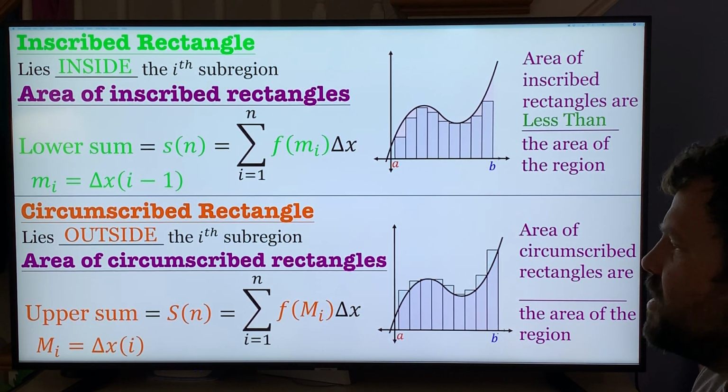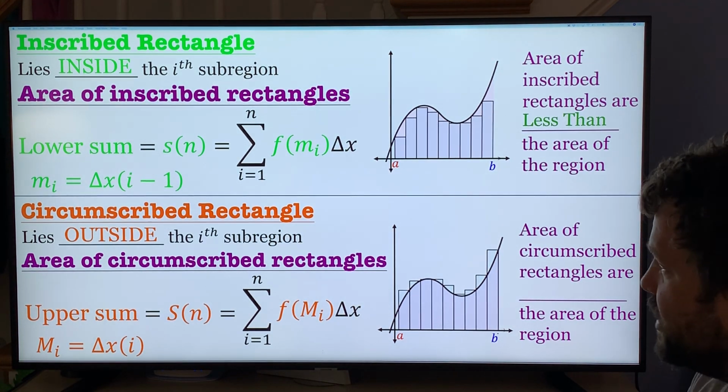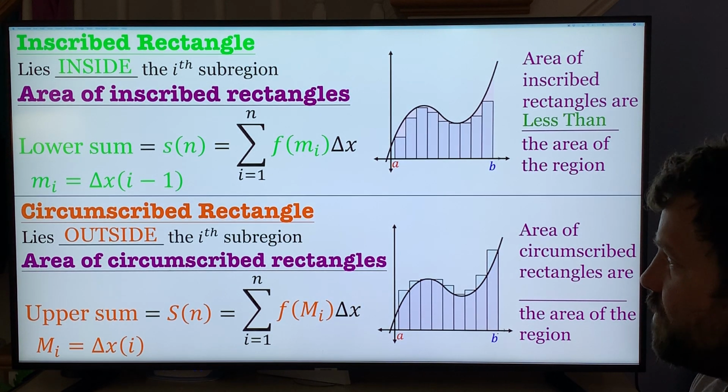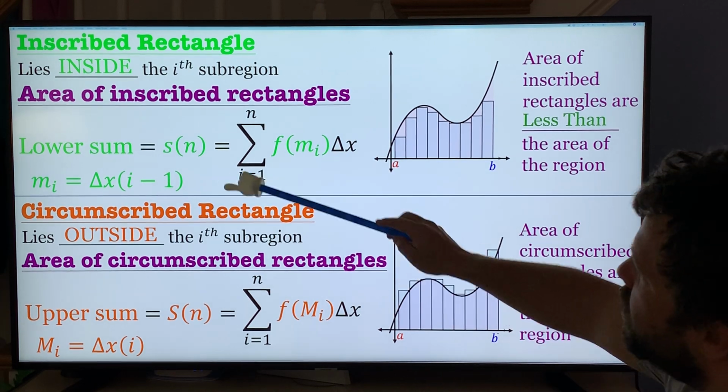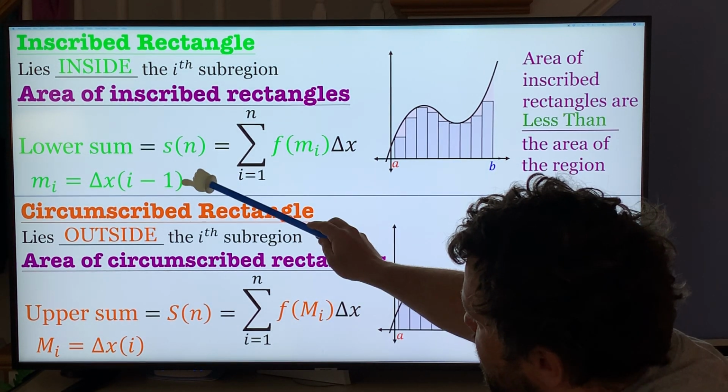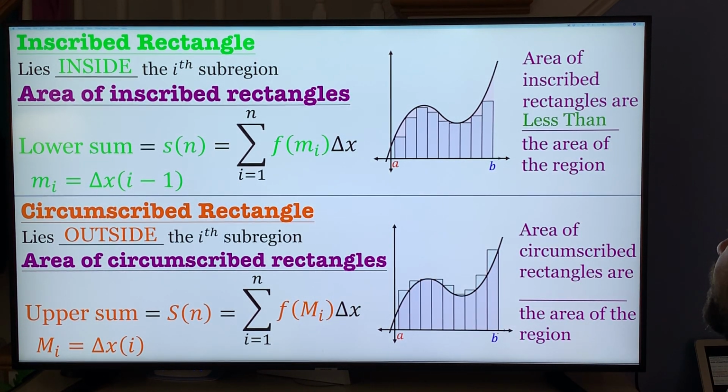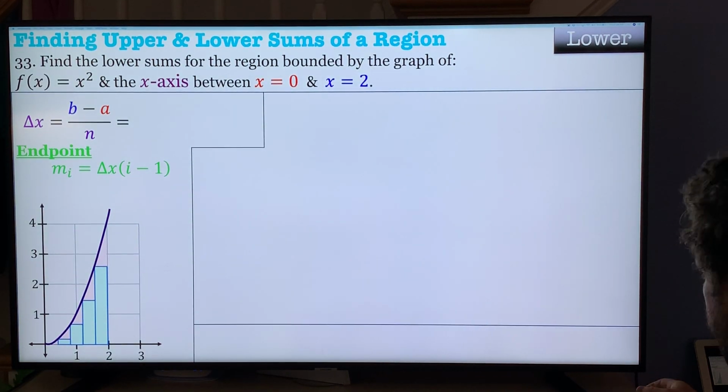This one's a little easier because in this one your m i just equals x i. All right? So the only difference between these two things is when you add a negative 1. And this is the area that is going to be greater than the area of the region. Got it? Awesome.